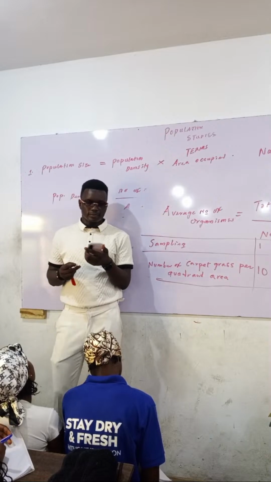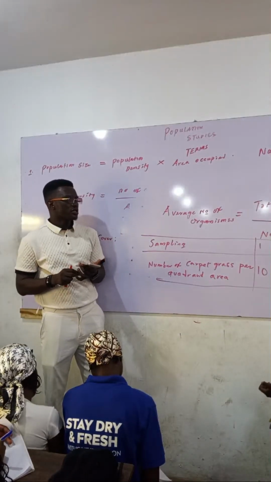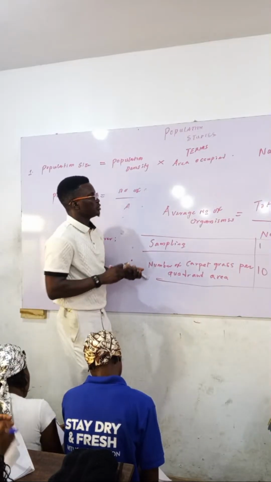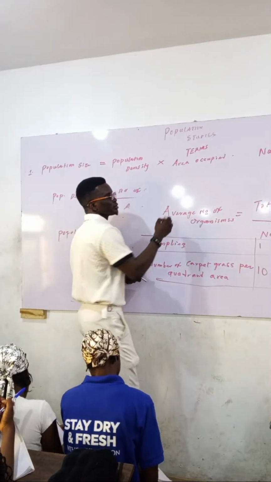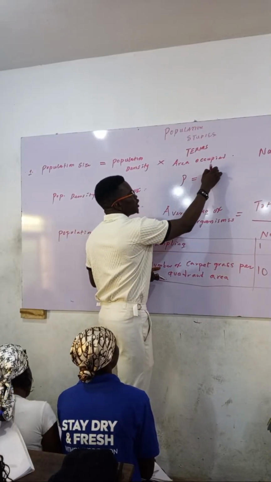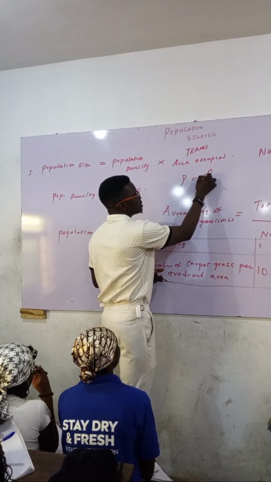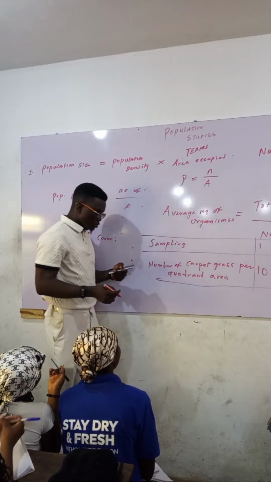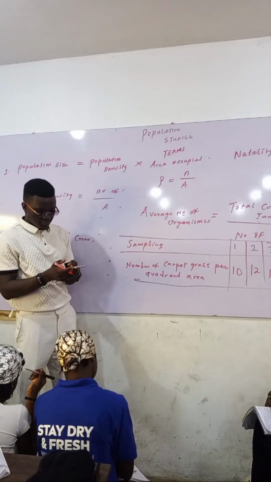So, how do we get the density? What's density? Density is number of the organisms over the area. We are given the total area.